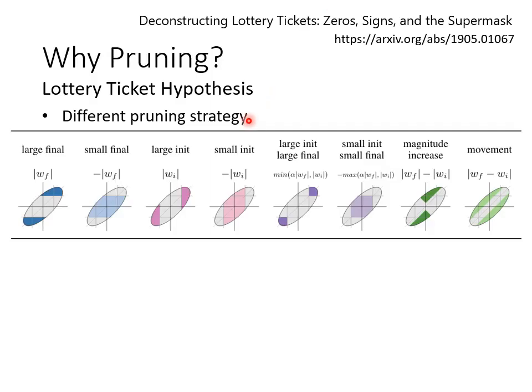First, the researchers tried out various pruning strategies and discovered that two particular pruning strategies are the most effective. We won't talk about the details. They did a complete experiment on different pruning strategies and concluded that if the difference of the absolute value before and after training is larger, then the pruning is more effective.